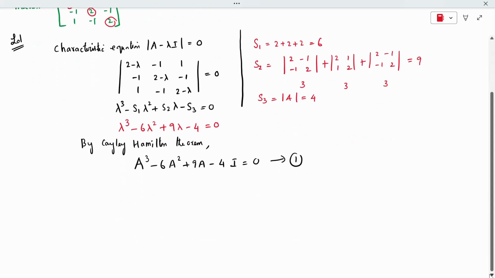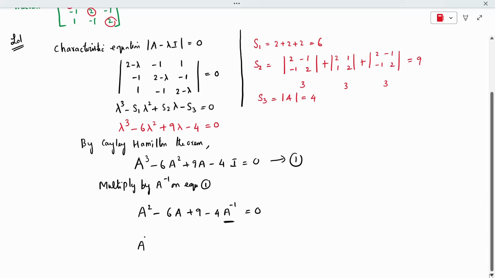Multiply by A inverse on equation 1. When I multiply it, A squared minus 6A plus 9I minus 4 A inverse equal to 0.